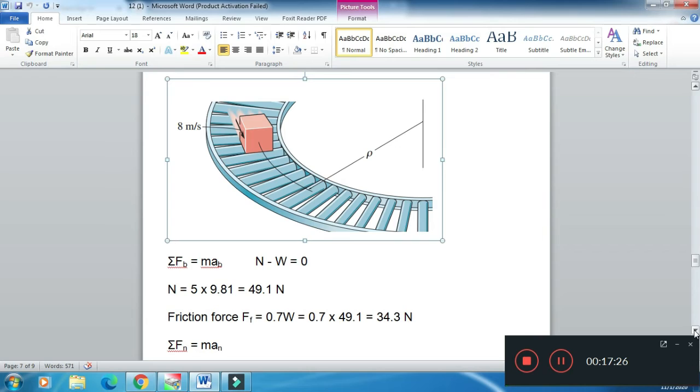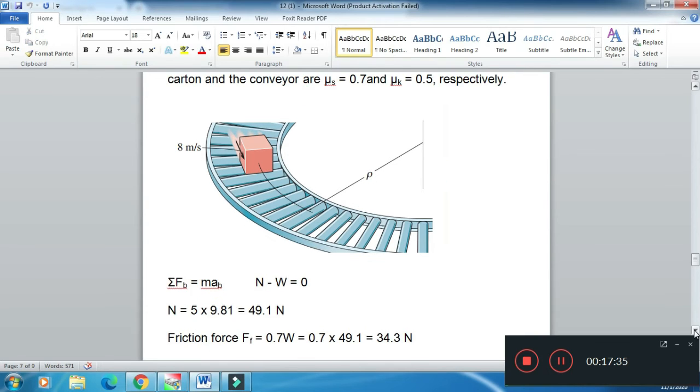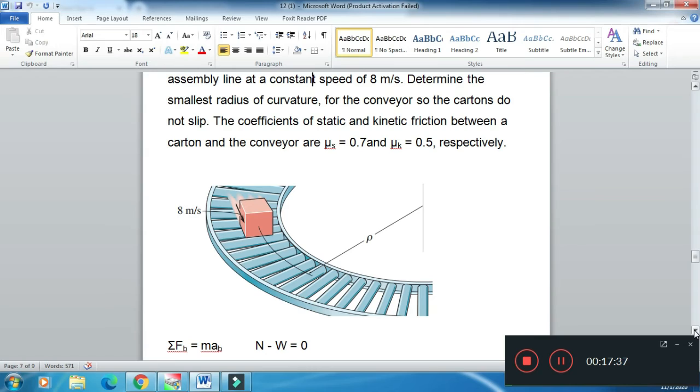Friction force is the coefficient of friction multiplied by the normal reaction. Two coefficients of friction are given, kinetic and static. Since static friction is higher, we can consider the higher coefficient for safety purposes.